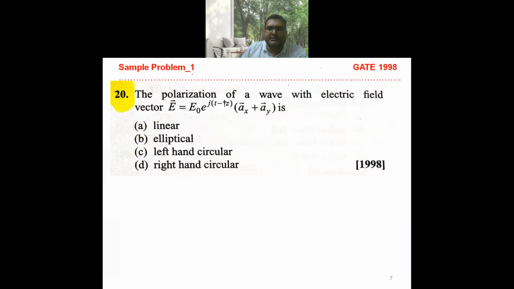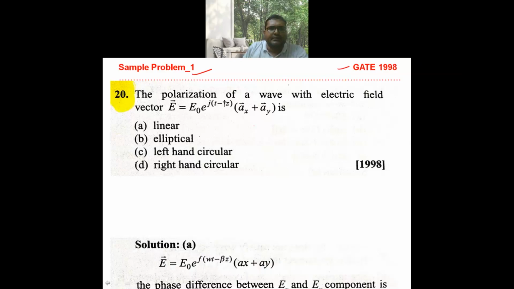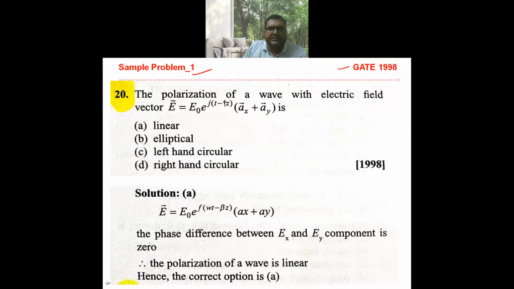Sample problem 1, GATE 1998. The electric field has both the components along X and Y, Ax and Ay.